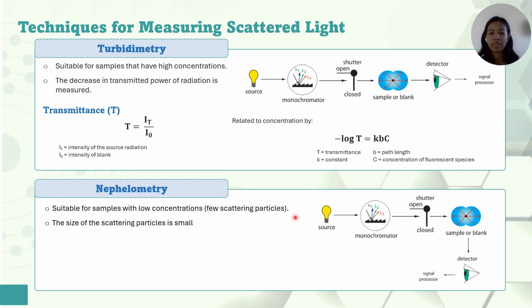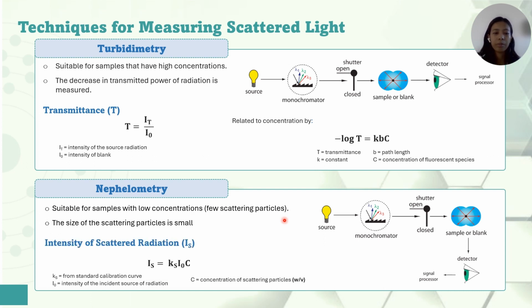The concentration for nephelometry can be determined by using this equation, wherein the intensity of scattered radiation is equal to a constant obtained from a standard calibration curve multiplied by the intensity of the incident source of radiation times the concentration of scattering particles, expressed as weight by volume.